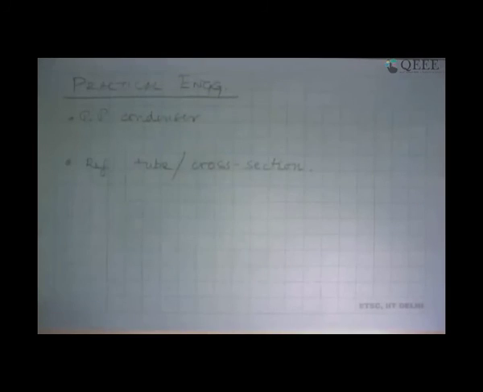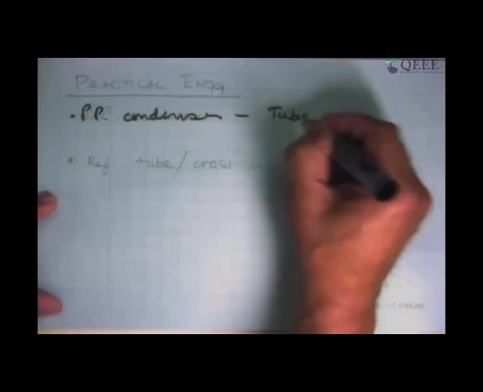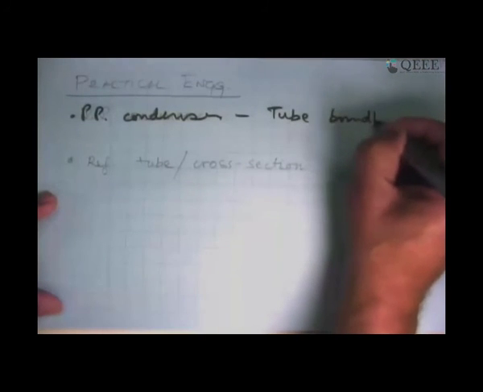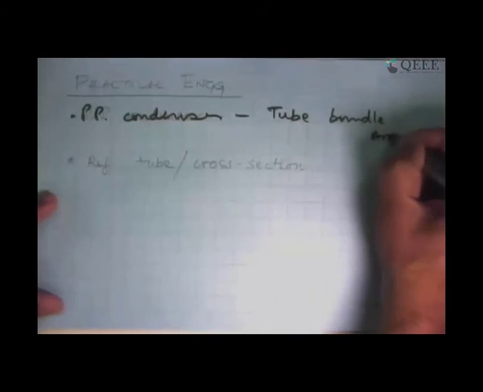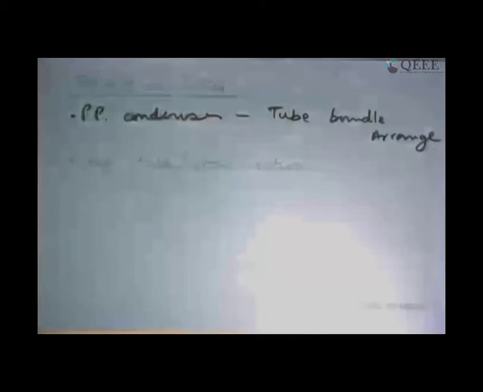Okay, another thing, a tube cross section I've already mentioned. So power plant condenser, this is what we do. In this application of a power plant condenser, we have a tube bundle, and we arrange these tubes not in a regular fashion, but in a way that enhances the vapor to come into more contact with the surfaces and also take the non-condensable to one point.